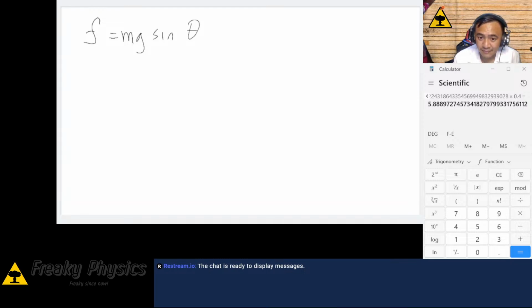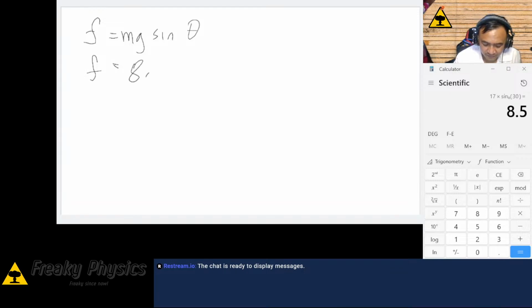Later on, I'm going to show you how to finalize this. Once we calculate this, again our m is 1.7, so 1.7 times g, which is again 10, times sine of 30. For the math inclined, that is 1/2 already, but let's just do it like that. That's going to give us 8.5.